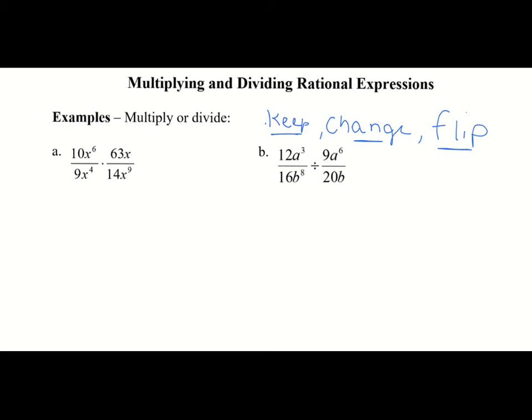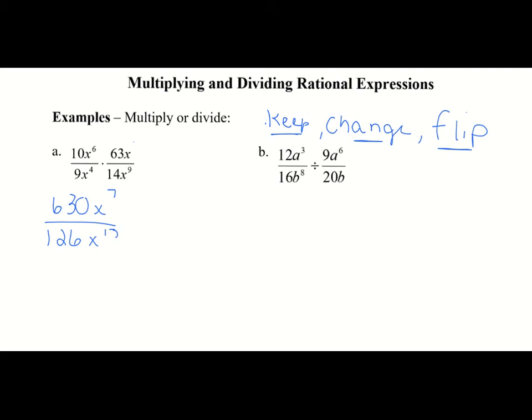So I'm going to do 10 times 63, which will give me 630. X to the 6th times x will give me x to the 7th. On the bottom, 9 times 14 is going to give me 126. And x to the 4th times x to the 9th will give me x to the 13th.